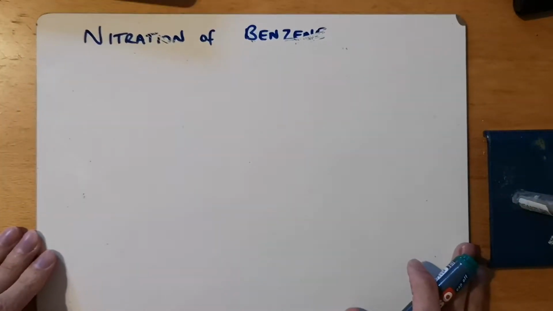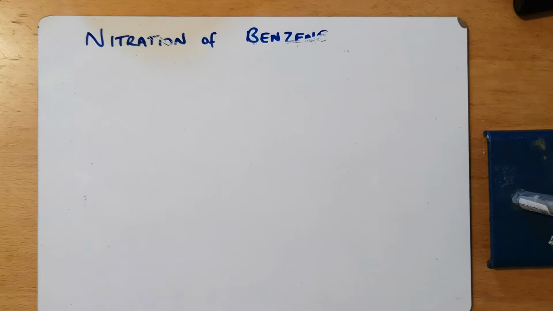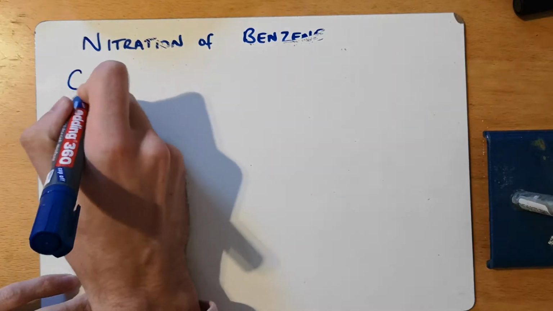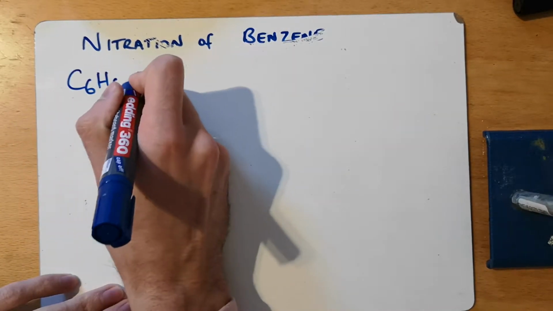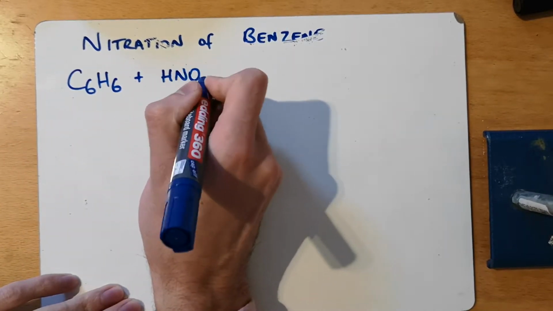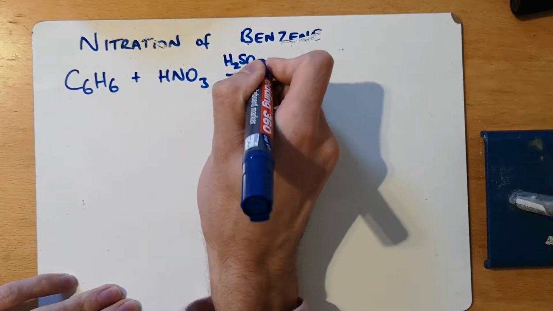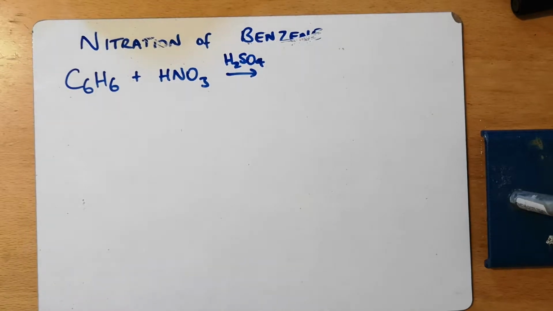Now we start looking at this in practice. The first reaction I'm going to look at is the nitration of benzene. In this reaction, we have our benzene again. It's going to react with nitric acid with a catalyst.